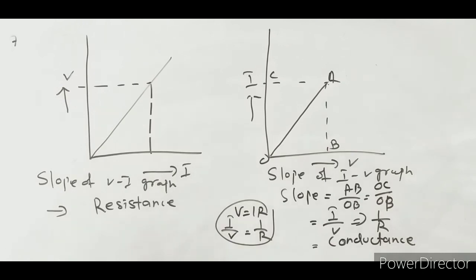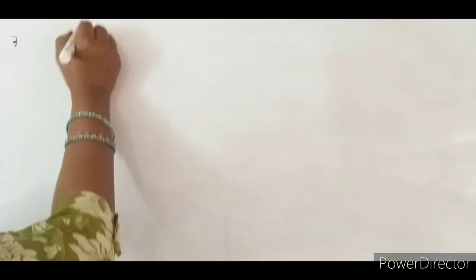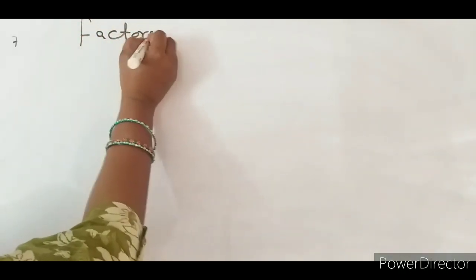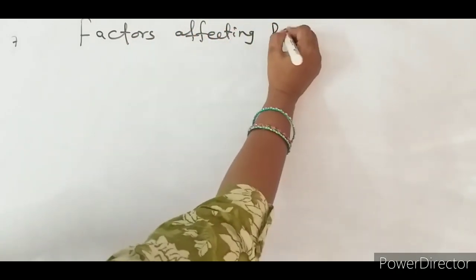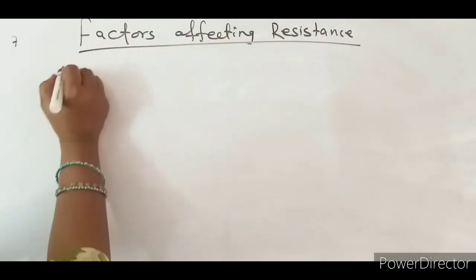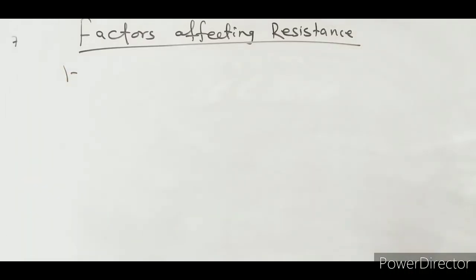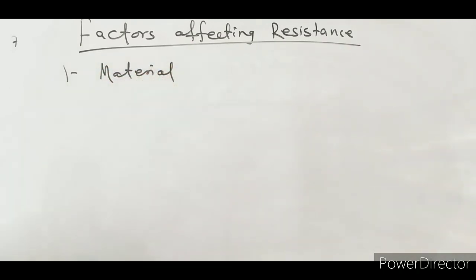Clear? Now we will go for factors affecting resistance. We have read this in class 9th, still let us go for it. Whenever we talk about factors affecting resistance, the first factor always depends upon the material of the body.